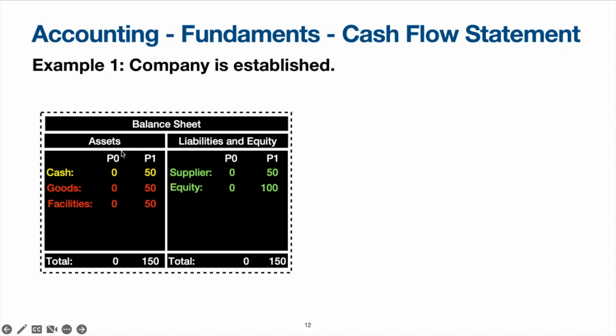So let's call the periods 30 days, just for our exercise here. In this case, my cash from P0 to P1 increased 50. We will demonstrate in our cash flow how this 50 ended up there.